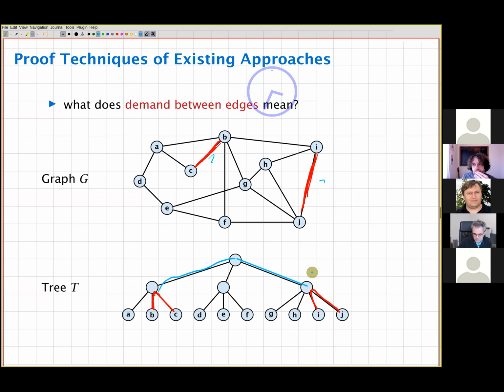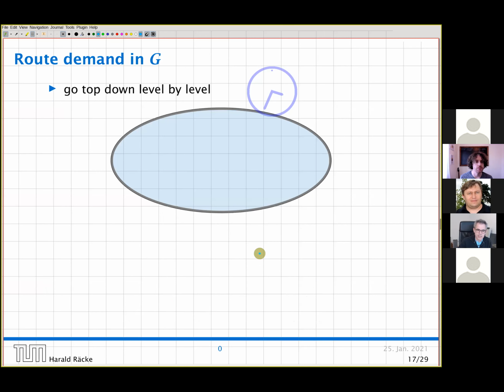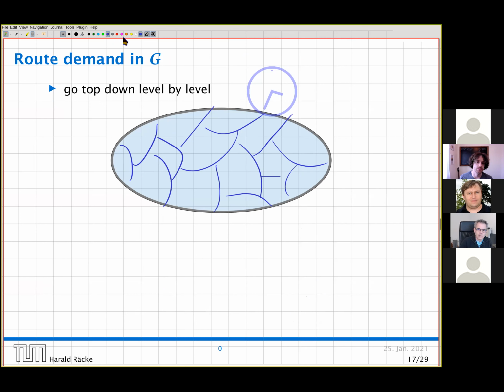So this has an interesting property if I define it like this. And the property is as follows. Suppose that this is a clustering here. And now I have a demand between an edge here and an edge here. So the edges are in different subclusters.